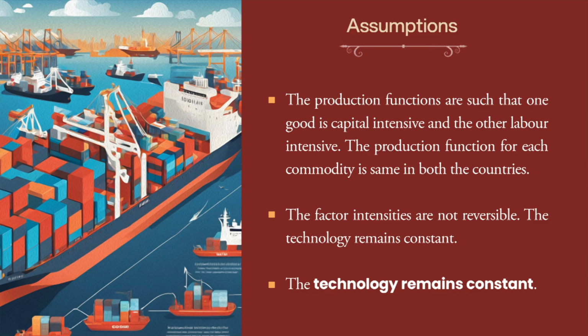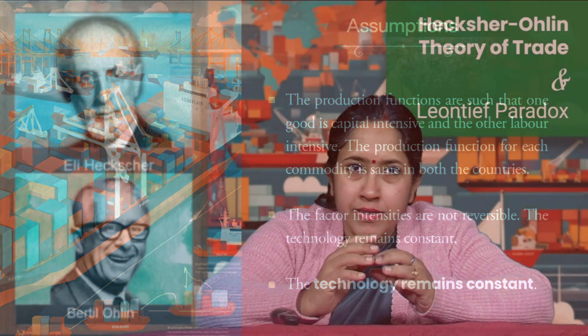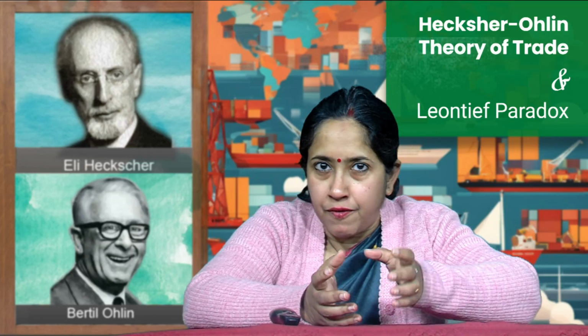That is, the factor intensities are not reversible. Then coming to the other assumption, that is, the technology remains constant. Now, let us understand the very important terms on which the theory is based, that is factor endowments and factor intensities.